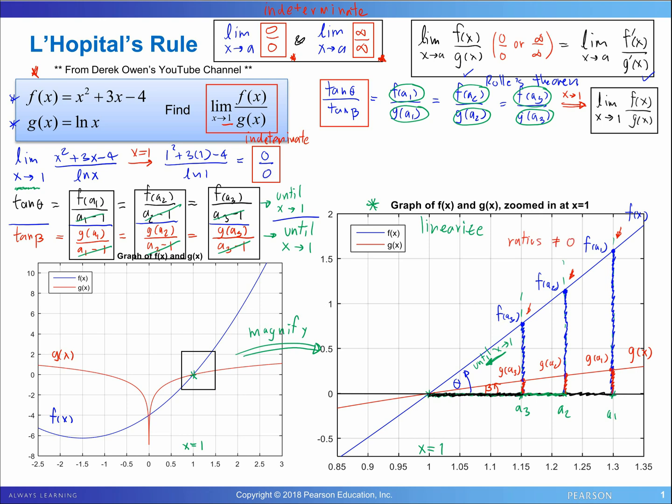Which means that tan theta divided by tan beta must be non-zero. This term, non-zero and constant. As you can see here, the angle theta doesn't change, and same thing with beta, it doesn't change. Which means that the limit that we wanted, f of x divided by g of x when x approaches 1, must be non-zero, not equal to 0. Because the ratios that we see over here, all of them are non-zero.